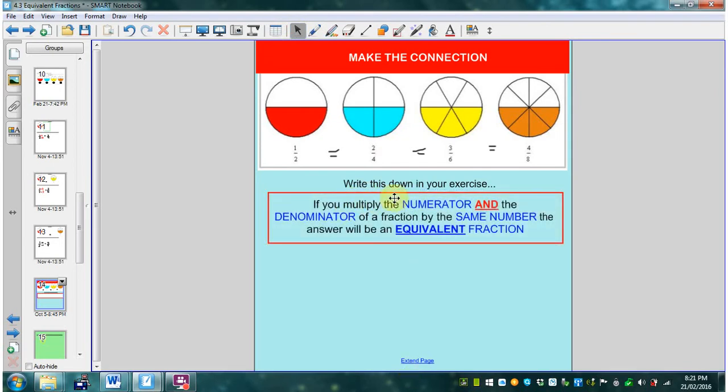If you multiply the numerator and the denominator of a fraction, so if you multiply the top and the bottom by the same number, the answer will be an equivalent fraction, what we call an equal fraction. It will be the same thing shaded all together, but it might just be divided up a little bit differently. So write that note in your book. If you multiply the top and the bottom by the same thing, the answer will be equal.